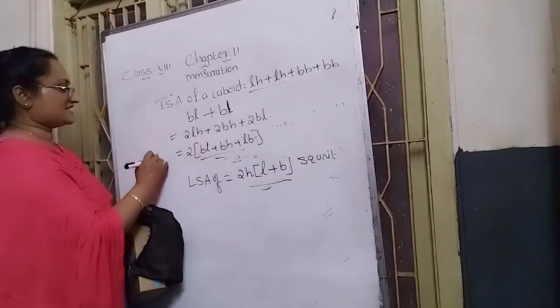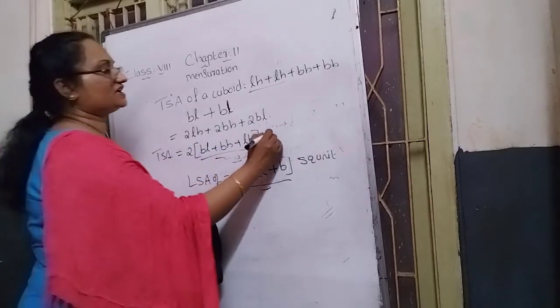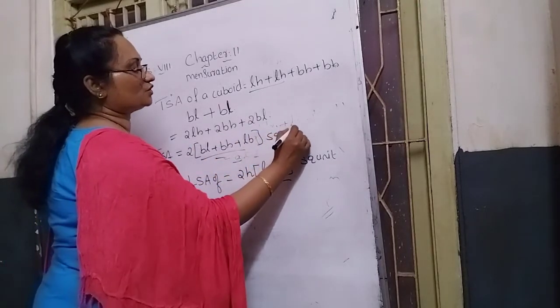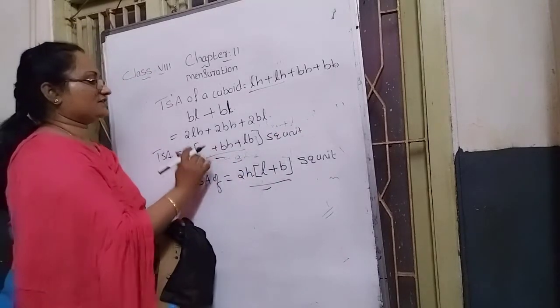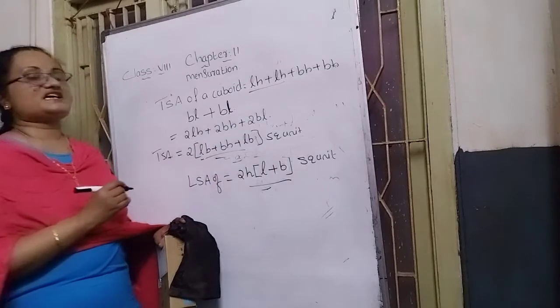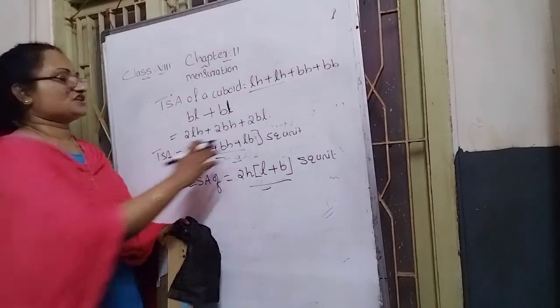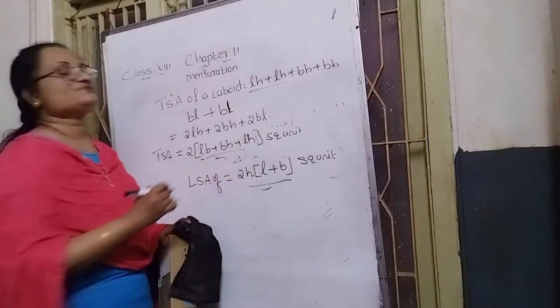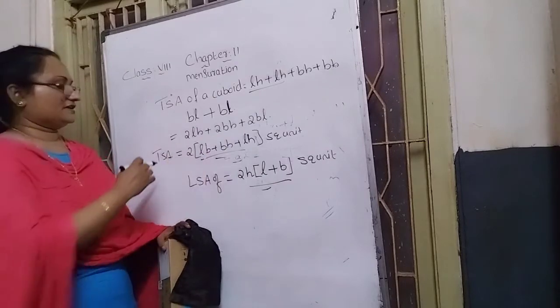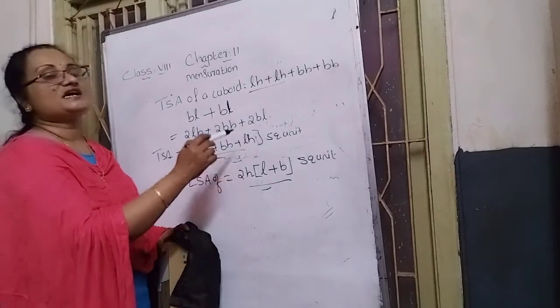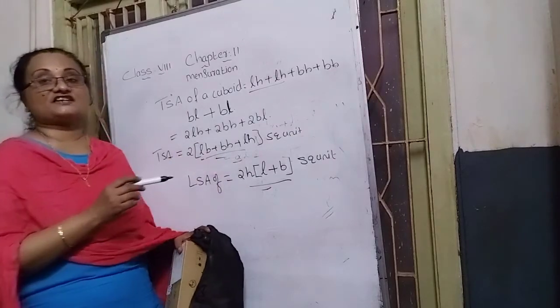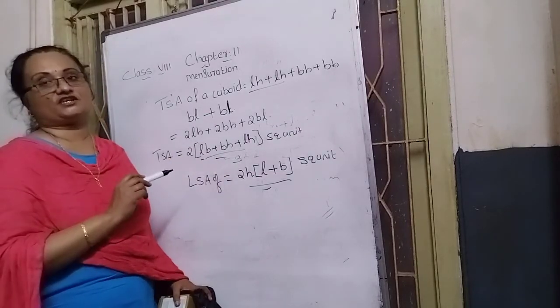So what is the TSA of a cuboid? TSA of a cuboid is 2 into BL or LB, in any order we can write, LB plus BH plus HL. This is the formula for finding the TSA of a cuboid. The LSA of a cuboid is 2H into L plus B. Areas are represented in square units.